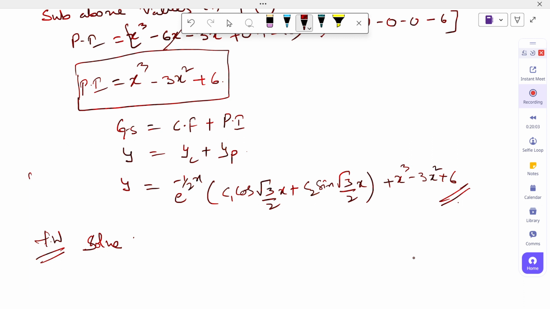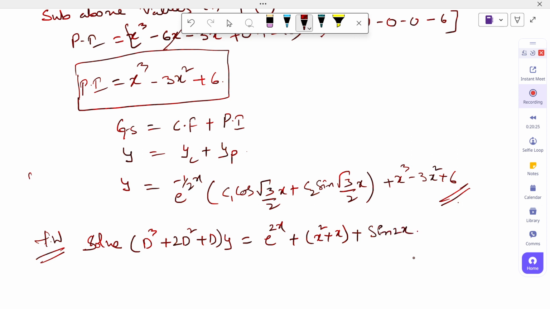Then next problem, solve: D cube plus 2D square plus D of 5, it's equal to e to the power of 2x plus x square plus x plus sine 2x. Now you see how many rules are there. This is solved by which rule? First rule. Yes.